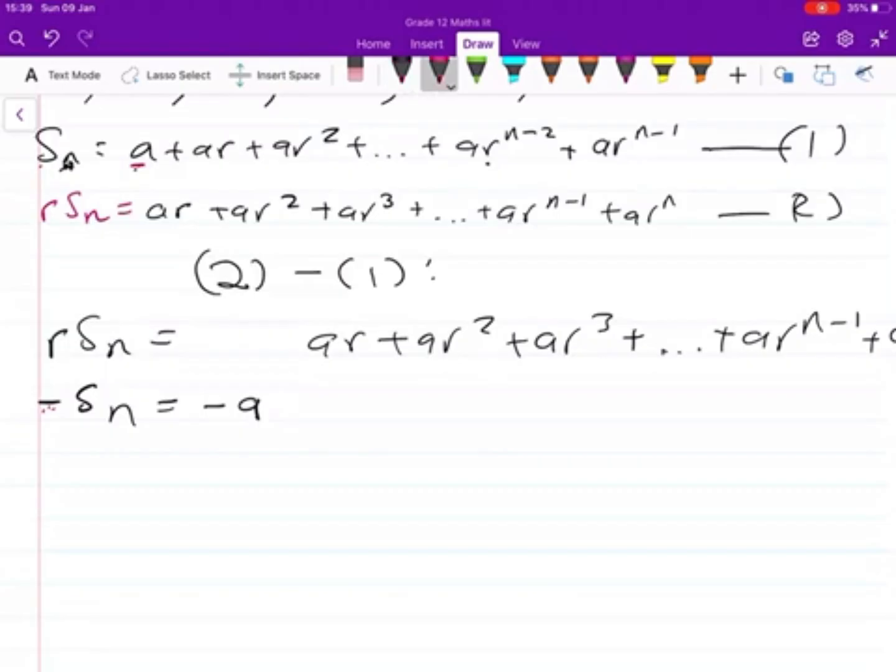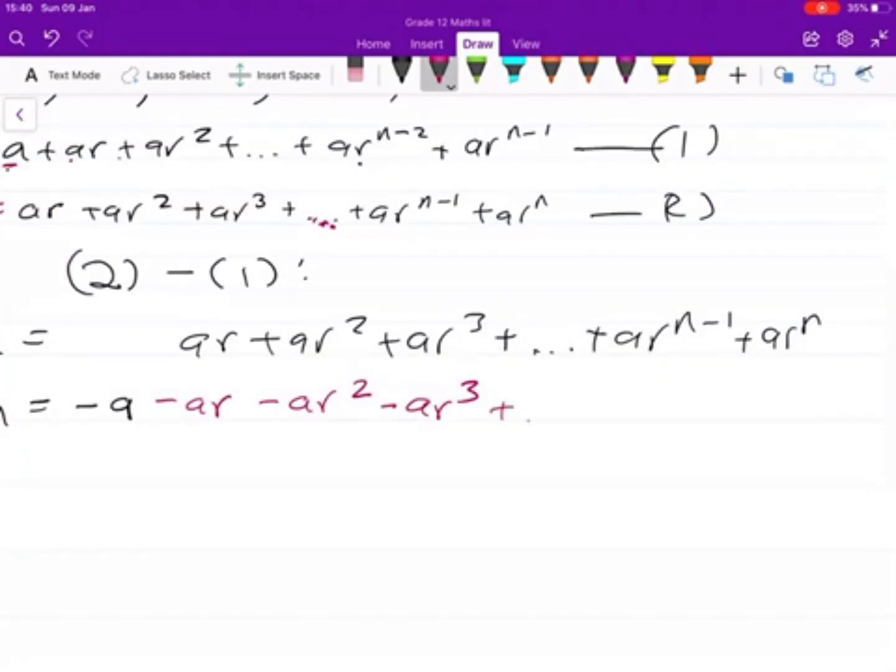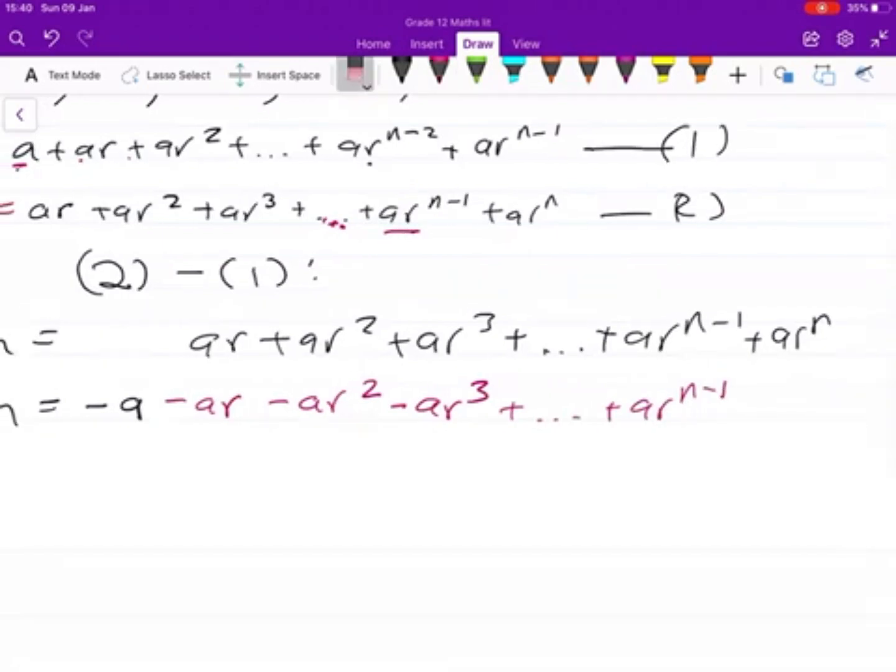This will be negative AR. This will be negative AR squared. In the dot, there is negative AR cubed, okay, and then this is plus AR^(n-1). Sorry about that.